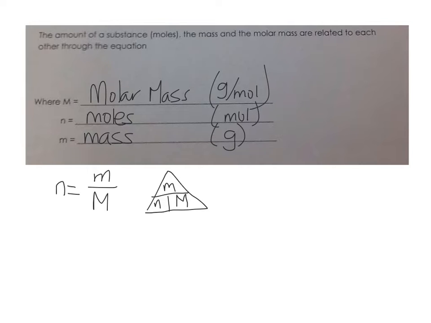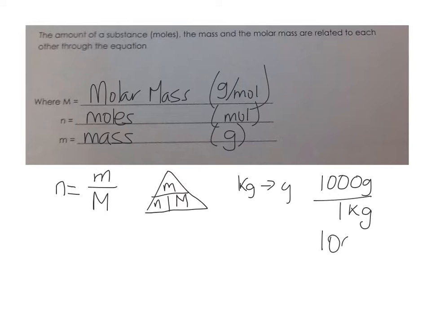Sometimes you're going to need some conversions too. You might be given information in kilograms, but because molar mass is in grams, you have to convert kilograms to grams. So there's 1,000 grams in 1 kilogram.